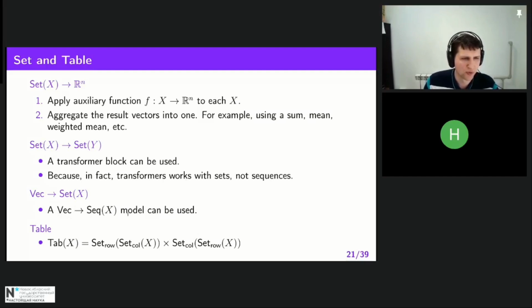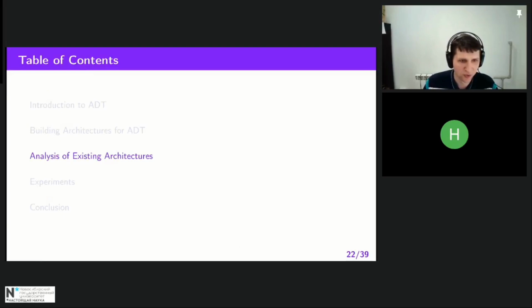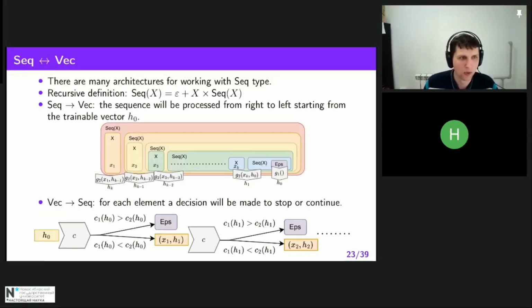And also, as for the vec to sequence model, we can use a vec to sequence model to produce a set from a vector. Also, a table can be encoded with ADT, and such an architecture was presented at the same conference a year ago.